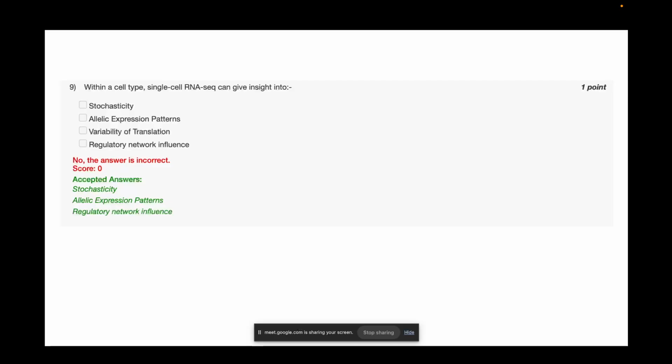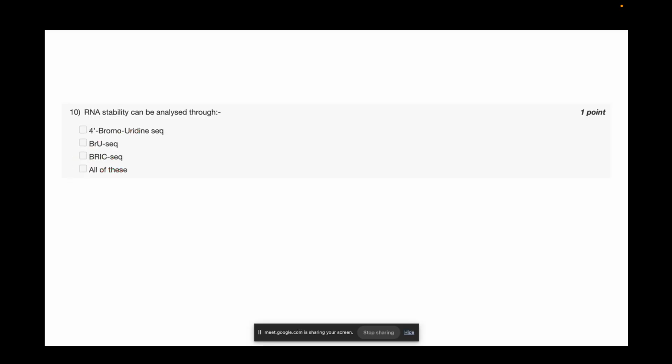You can get to know about translation if you do Ribo-seq, whether the ribosome is attached or not attached. But you cannot know about translation from single cell RNA sequencing. So the rest of the options are correct, but for translation information from the transcriptome, you need to do Ribo-seq. Okay, moving on.